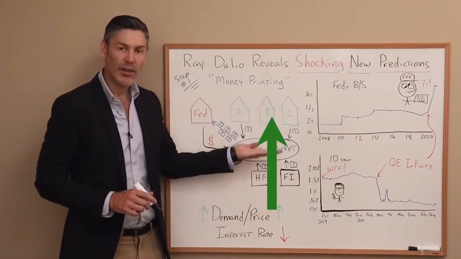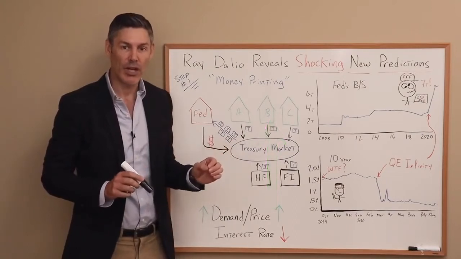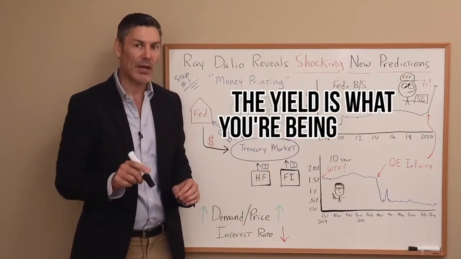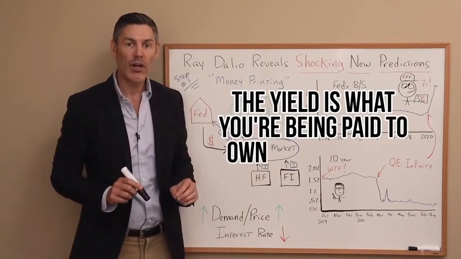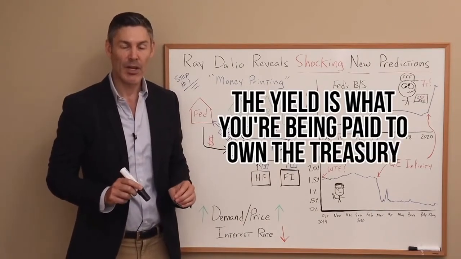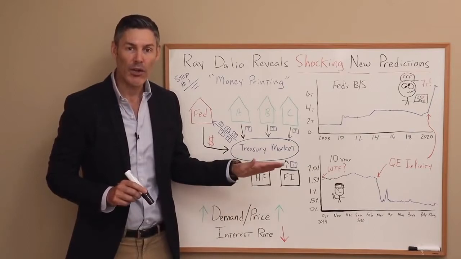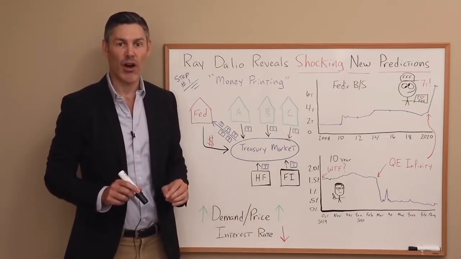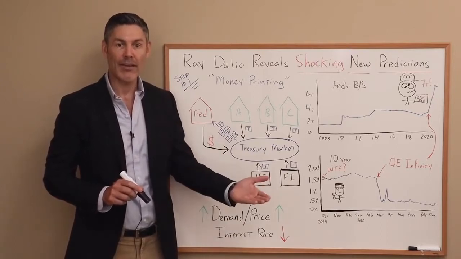So if price goes up, the yield or the interest rate goes down. And the yield is what you're being paid to own the specific treasury. So theoretically, the lower the yield goes, the less attractive those treasuries are compared with other asset classes.